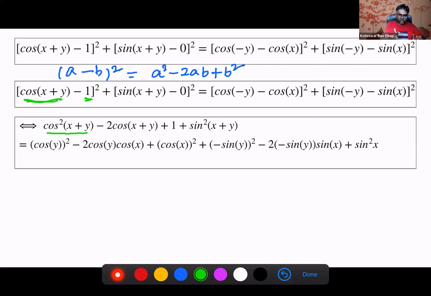That's the notation here. Minus 2ab, because b is 1, we just have 2a, so 2 into cos of x plus y, and plus 1. So till here, we are doing a minus b whole square for cos of x plus y minus 1 whole square.